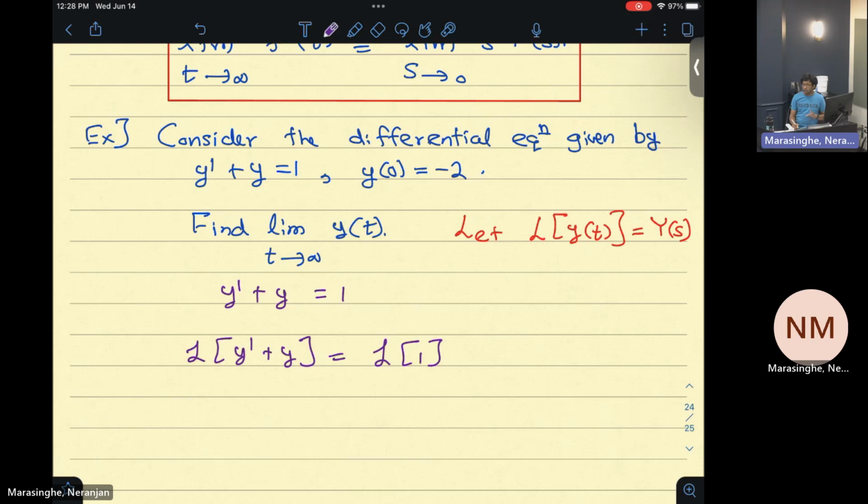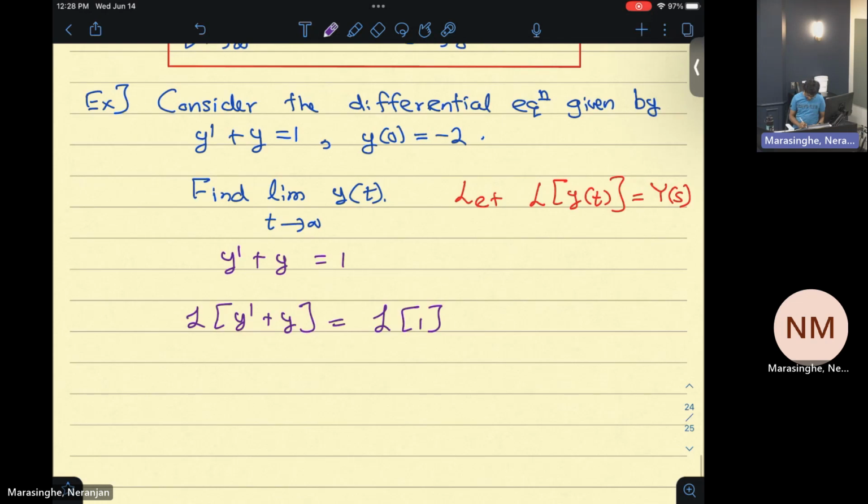For the left hand side, I'm going to use linearity. By linearity, the left hand side is equal to the Laplace transform of y', that is dy/dt, plus the Laplace transform of y.